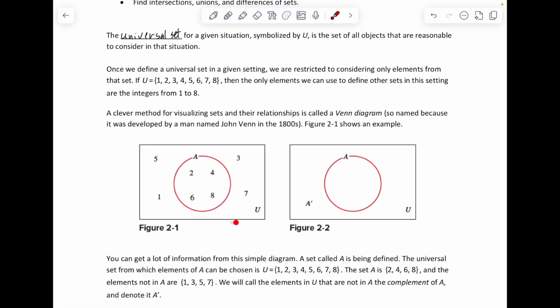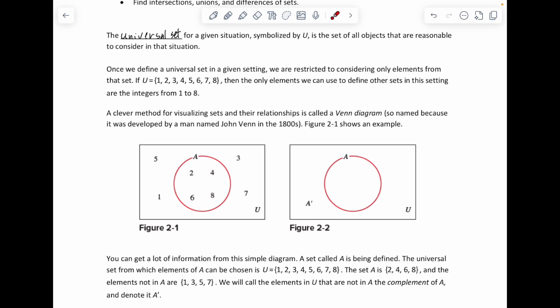Since this is the universal set, we're saying that any other sets are only allowed to contain these values. Set A contains some of these values, but not all of them. It contains the values 2, 4, 6, and 8. And notice how the circle here represents set A, and that circle is completely inside the rectangle, right?